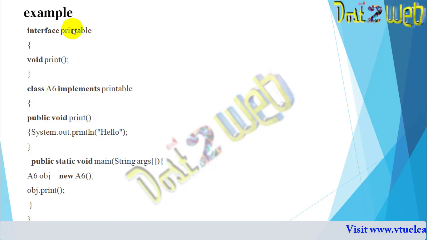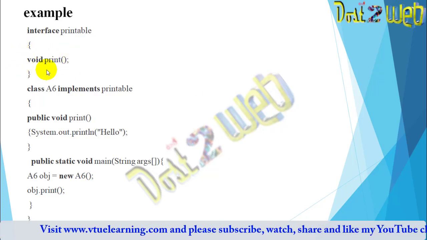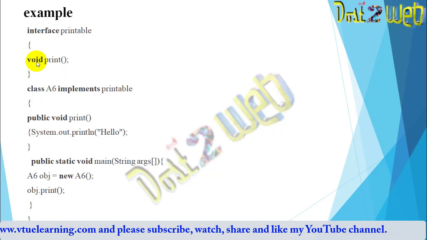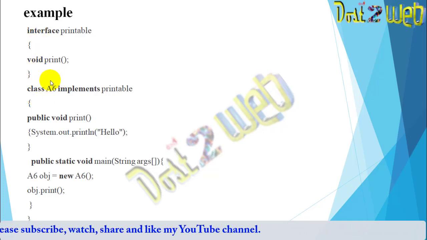It's a very simple example. I have created one interface, interface Printable, with a void print method. So the interface is done. Now we have to create the class. The class name is A6.